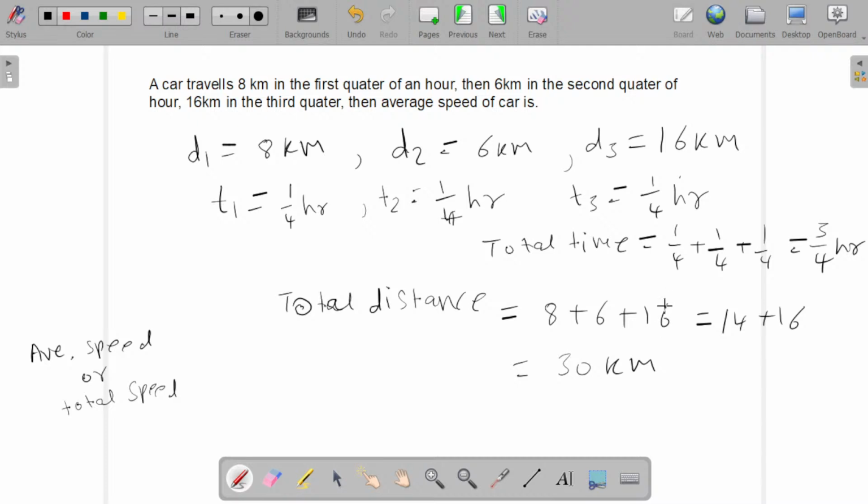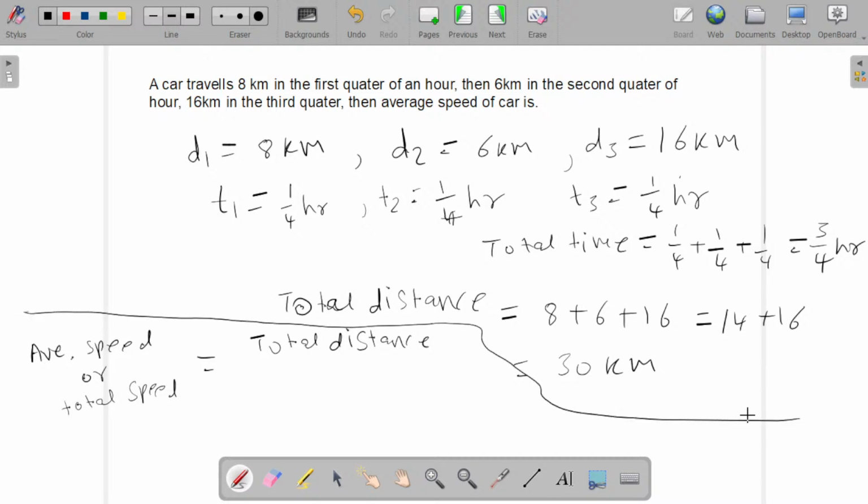So we got it. Let's go back to the formula: average speed equals total distance upon total time.